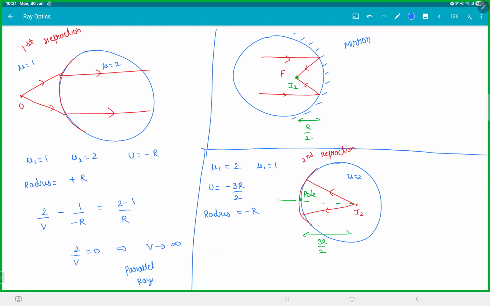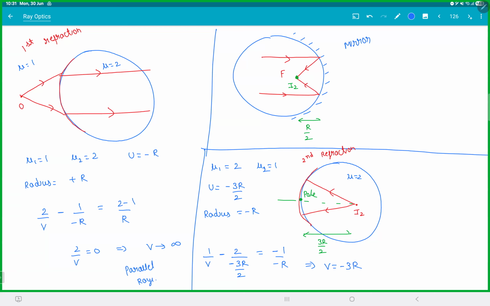Substitute in the formula. This is mu2 by v minus mu1 by u equals (mu2 minus mu1) by R. So 1 by v minus 2 by minus 3r by 2 equals (1 minus 2) by minus r, which is 1 by r. We get v is equal to minus 3r.